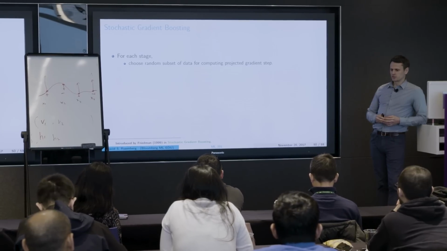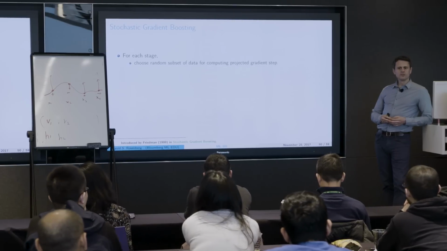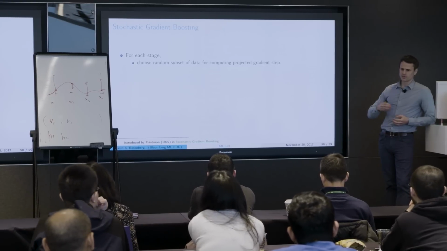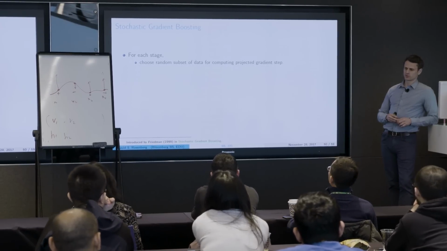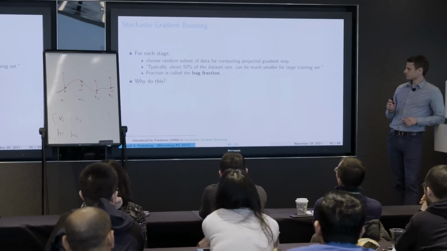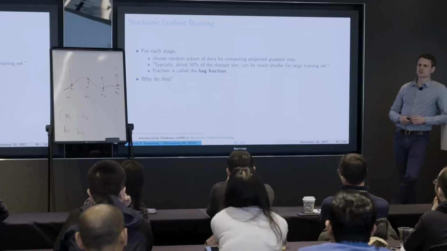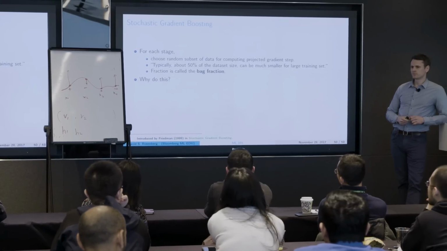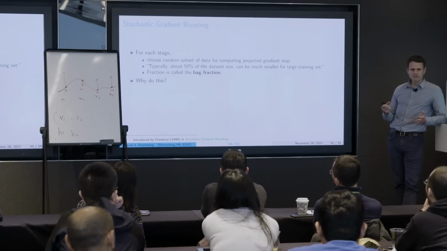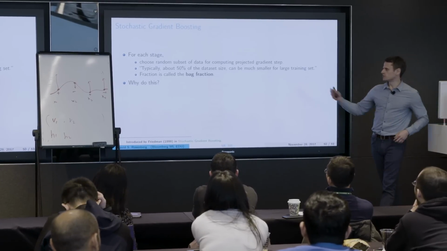In stochastic gradient boosting, the idea is that in every round, instead of using your full training set, use a random subset of your training set. Typically, if you look at the original paper on stochastic gradient boosting by Friedman, he says to use half your data. The term is bag fraction.